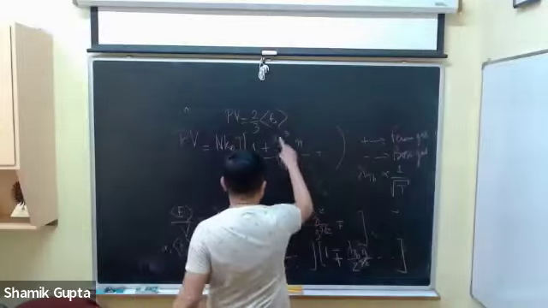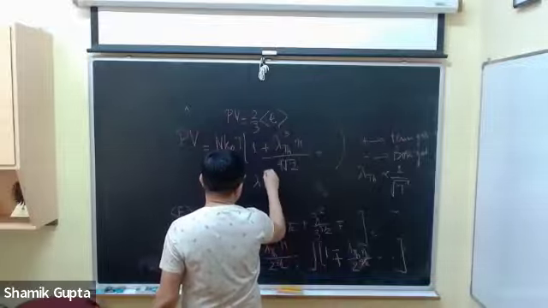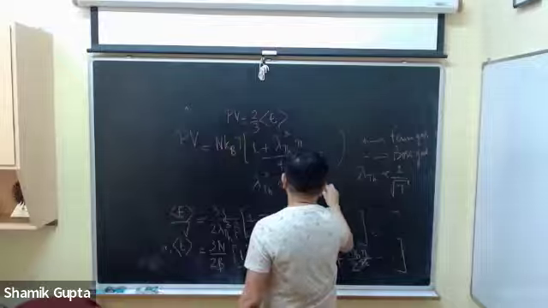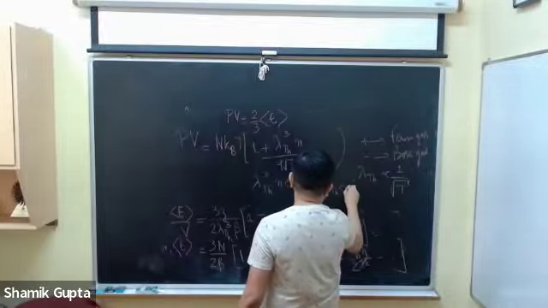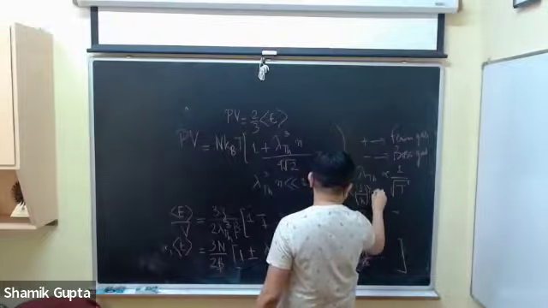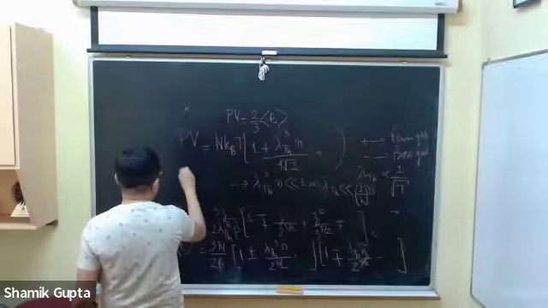When can you treat this as really a correction? When lambda thermal cube n is much smaller than 1, or lambda thermal is much smaller than 1 by n to the power 1/3. This is when you can treat the system classically.